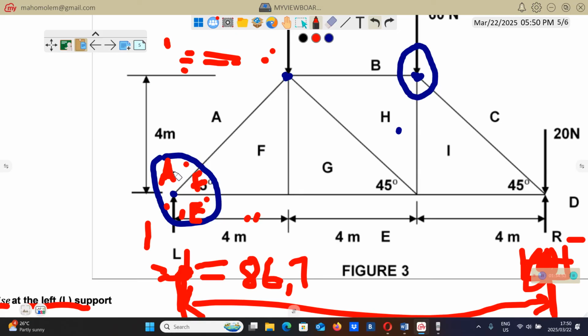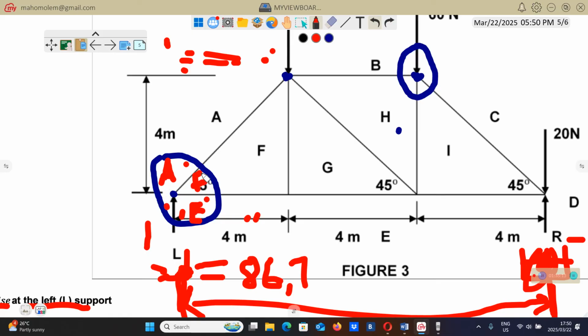Right. Once we have this, we are going to start at any letter here. But where you start, make sure that you move clockwise. So if you start at the letter E, you must move from E to A, from A to F, clockwise.